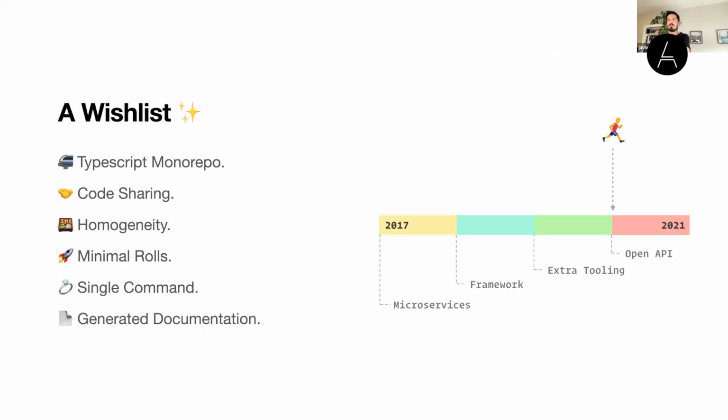So running back to our wish list, we now had this TypeScript monorepo where we can share code, and reusing these utilities like validation and so on, it was actually homogeneous. So now we can also have minimal roles.